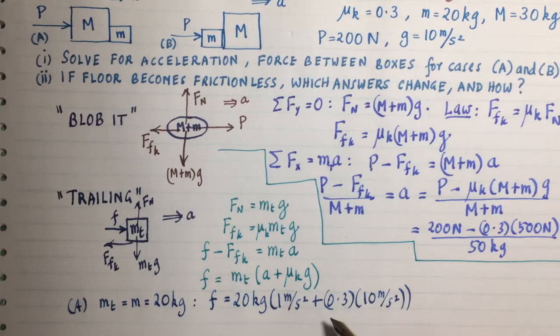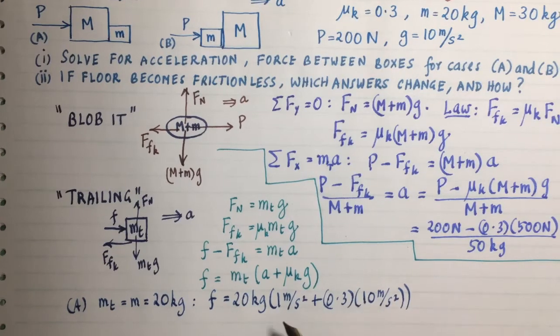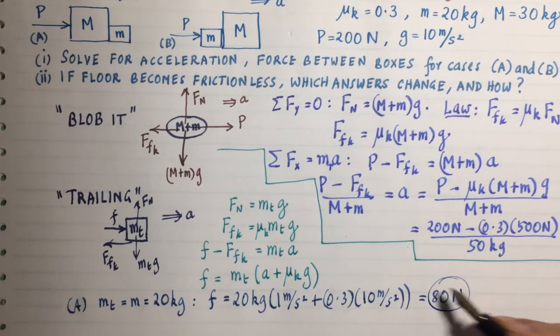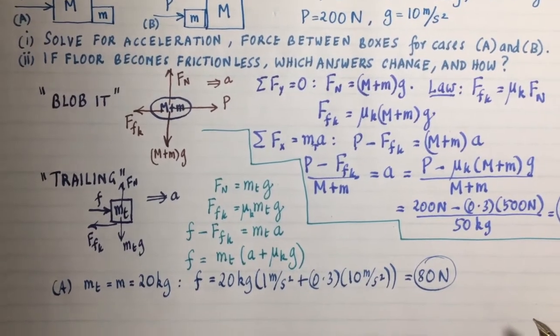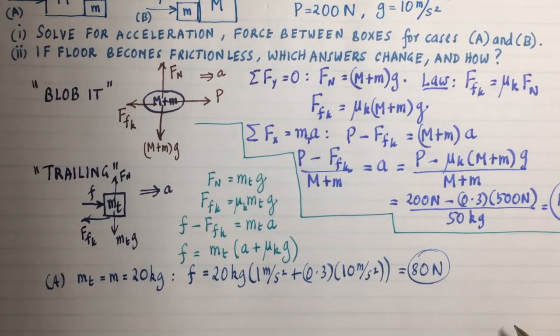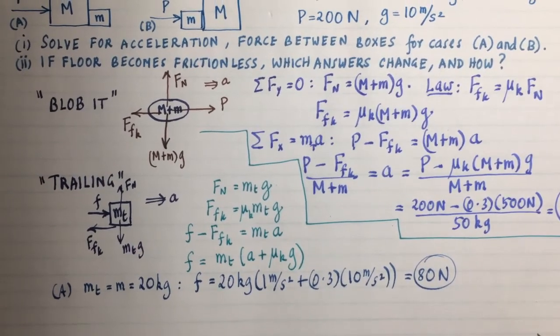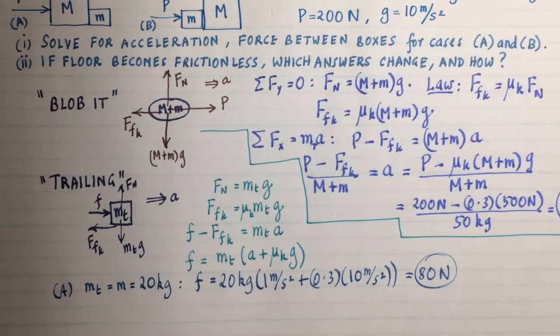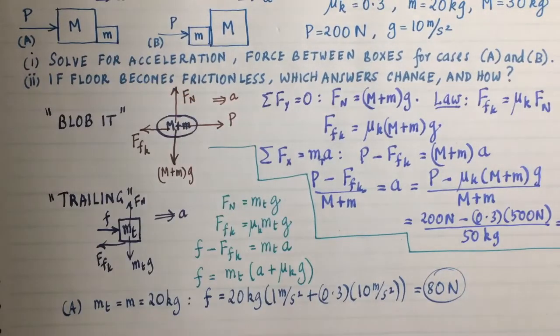Now 10 times 0.3 is just 3, plus 1 is 4, so 4 times 20 is just 80 newtons. 80 newtons is the force between the two blocks if you push the heavier one and let the lighter one trail.